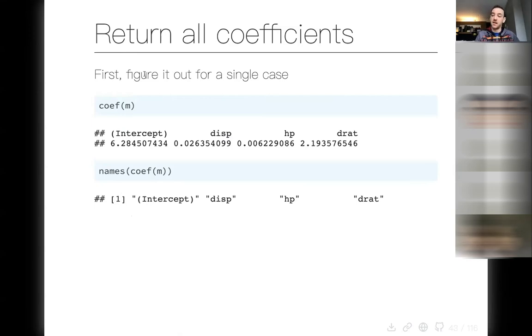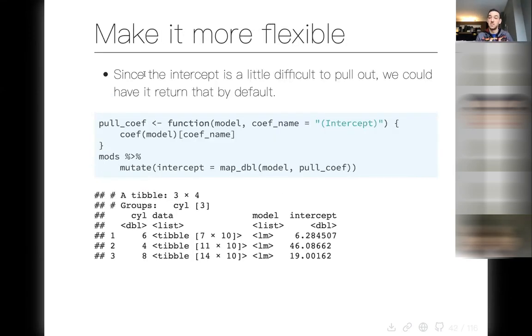Just before I go on, to re-emphasize, you have formal arguments. If you do not supply any default values for a formal argument, it's what's referred to as a required argument. So prior to doing this, I could not use pull coef without supplying the name of the coefficient that I wanted to pull.